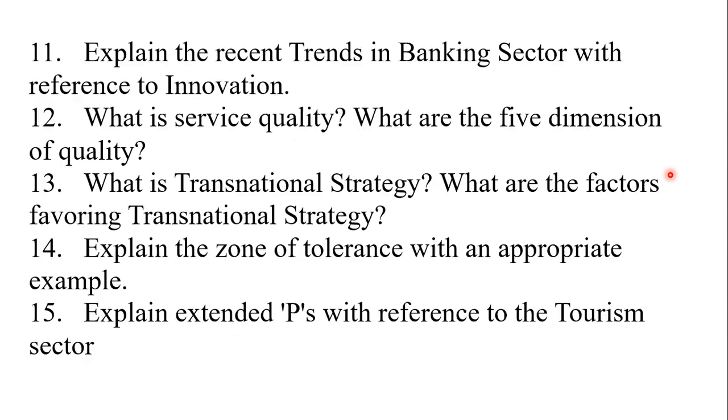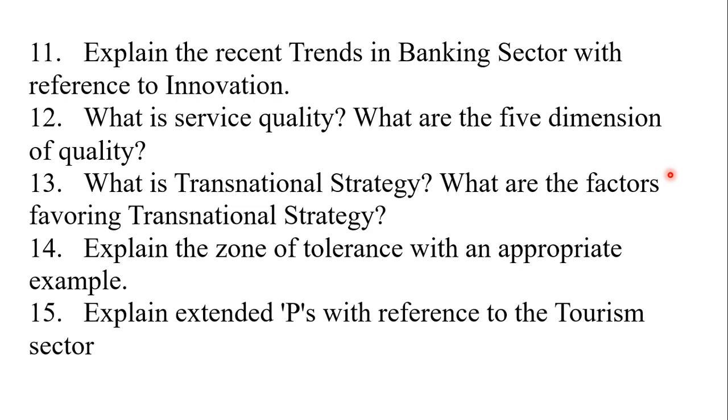Next set. Explain the recent trends in the banking sector with reference to innovation. Very, very important question. Next, what is service quality and what are the five dimensions of quality? Next, what is transnational strategy and what are the factors favoring transnational strategy? 14th, explain the zone of tolerance with an appropriate example.